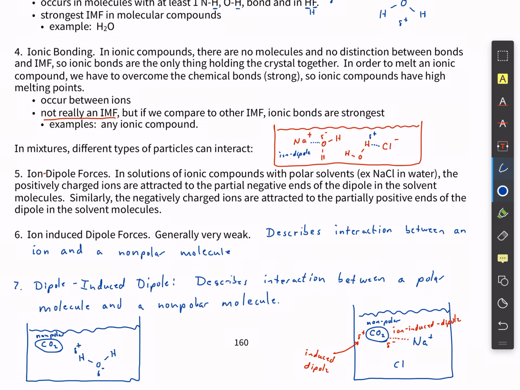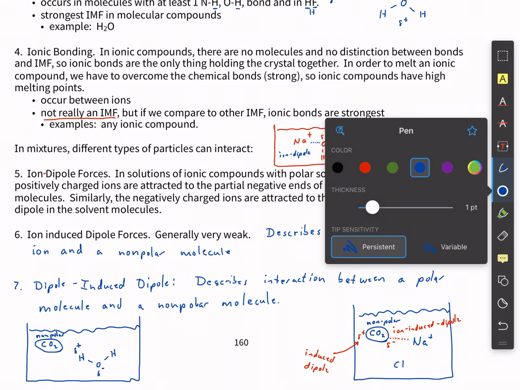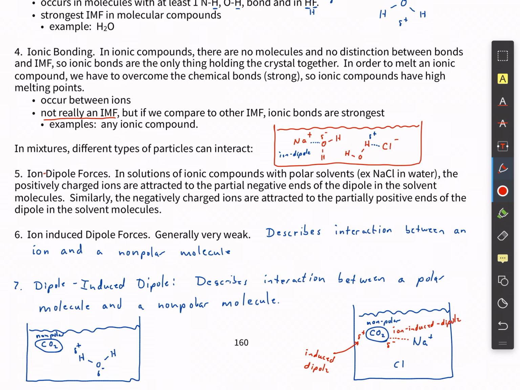And so if a CO2 molecule interacts with the hydrogen end of a water molecule, that will do the same thing that we saw in the previous example. The electrons from the CO2 will be pulled towards the positively charged hydrogen, which will induce a positive dipole on the other side. And so that's a dipole-induced dipole, polar-nonpolar.